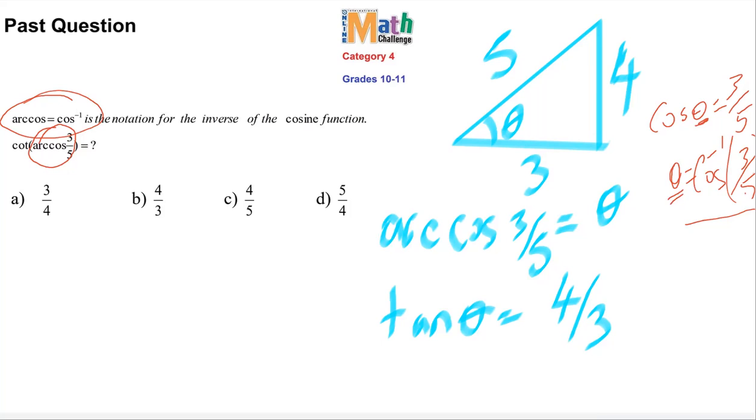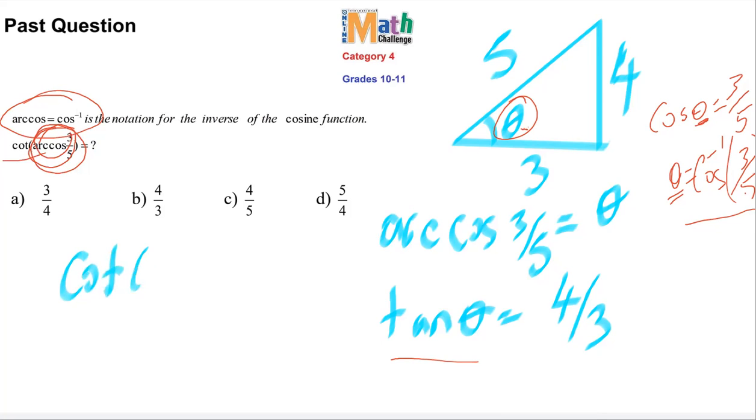This value will give us this theta, whatever it is. We don't know, but we know that the angle is exactly this angle. Now the question asks cotangent of theta. We got tangent, so let's find the cotangent. I didn't realize it's asking cotangent.